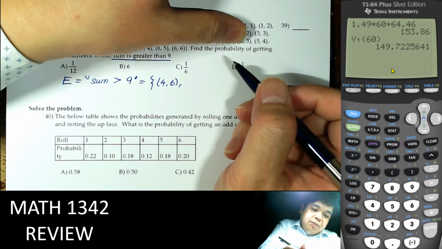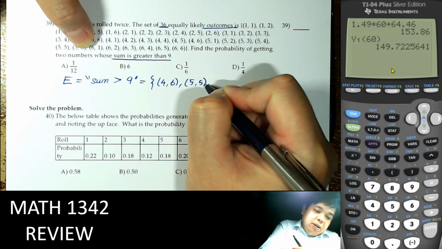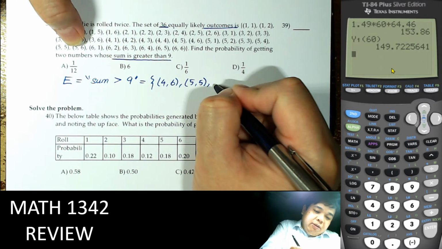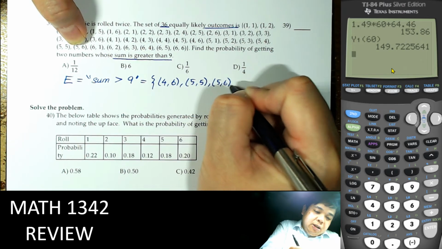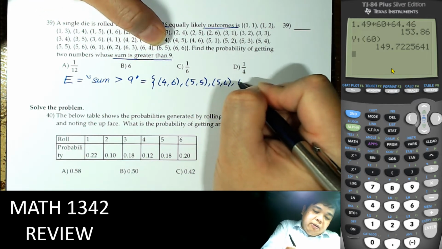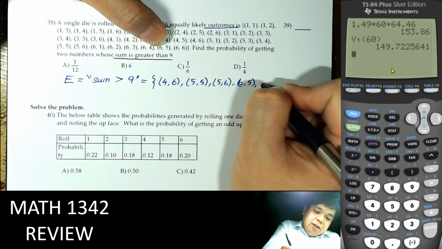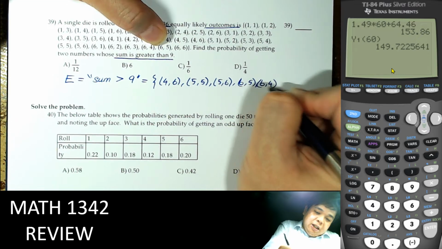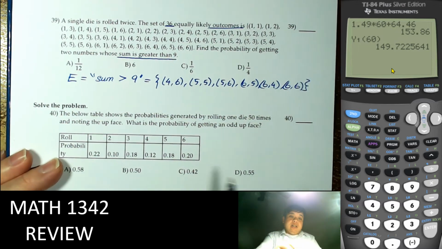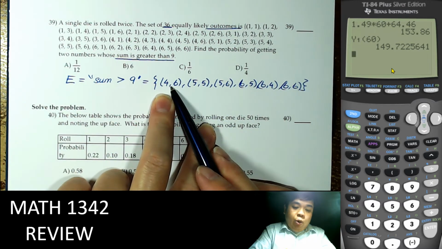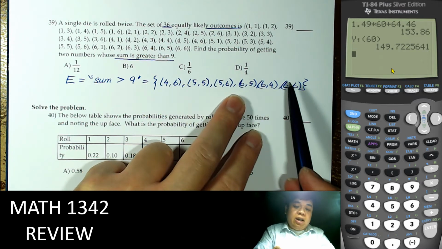So pretty much where the sum is equal to 10: 6, 4, 4, 6, and 5, 5; and sum equal to 11: 5, 6, 6, 5; and the sum equal to 12: 6, 6.